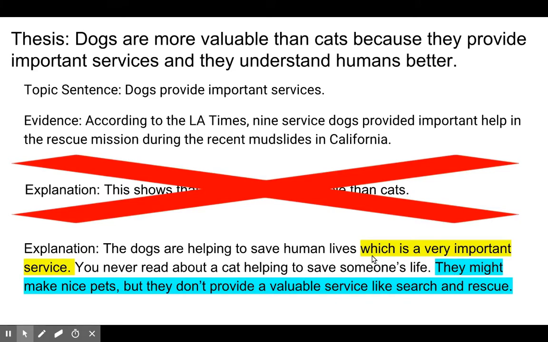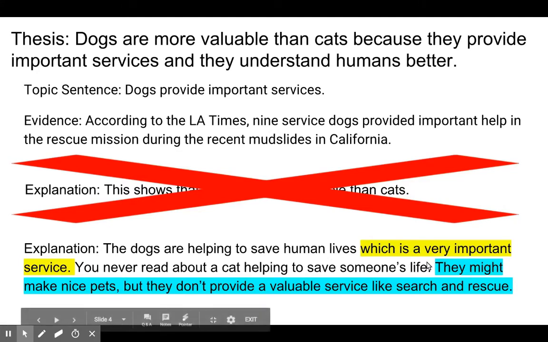This part of my explanation connects my evidence back to my topic sentence, which is my first reason of my thesis. My first reason was that dogs provide important services. That reason became my topic sentence. My evidence supports that reason. And then in my explanation, I explained that saving human lives is a very important service.